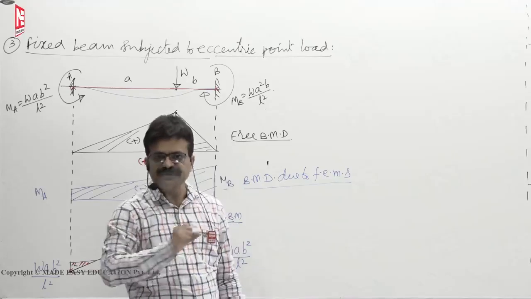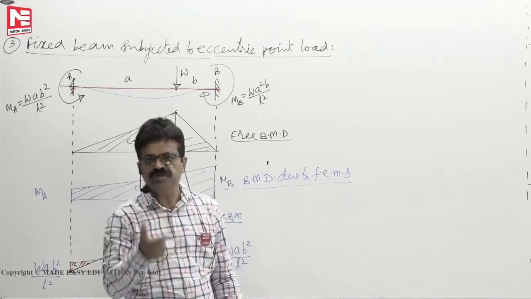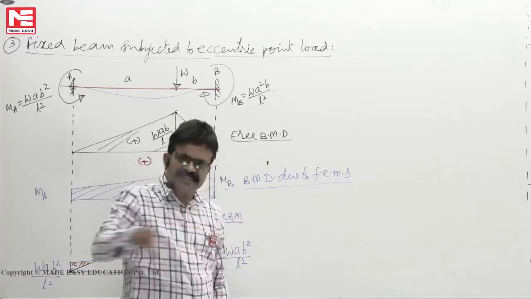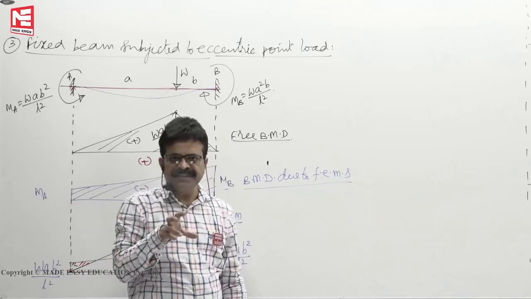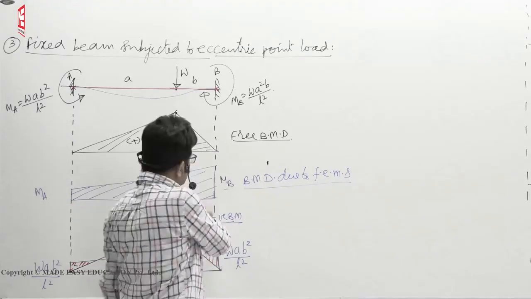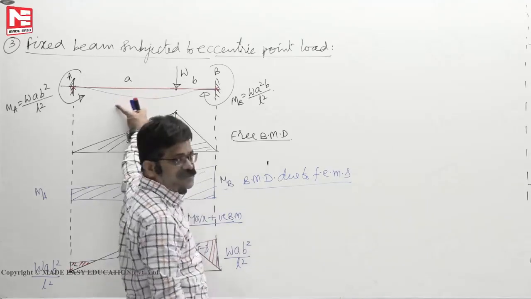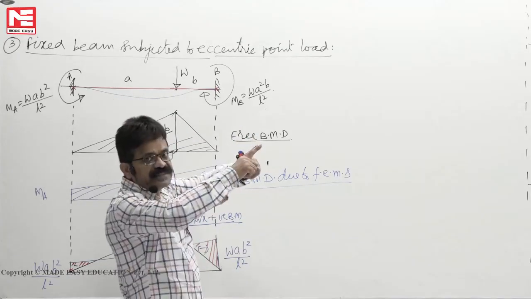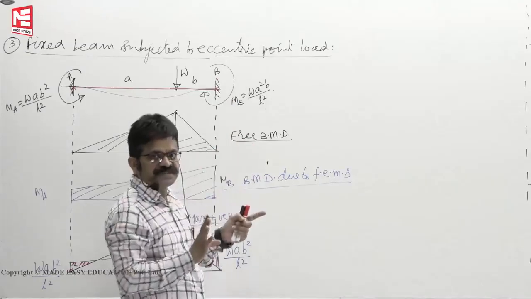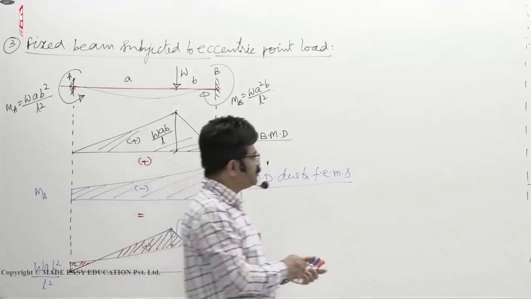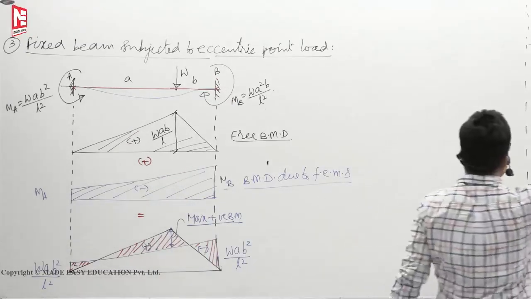So cylinders will not break due to hoop stresses. So in all such chapters one compatibility condition you have used, and here you have to use two compatibility conditions. Theta must be 0, that means angle between two tangents. Deviation also must be 0. Then MA and MB you will get. Let us see how to get them.